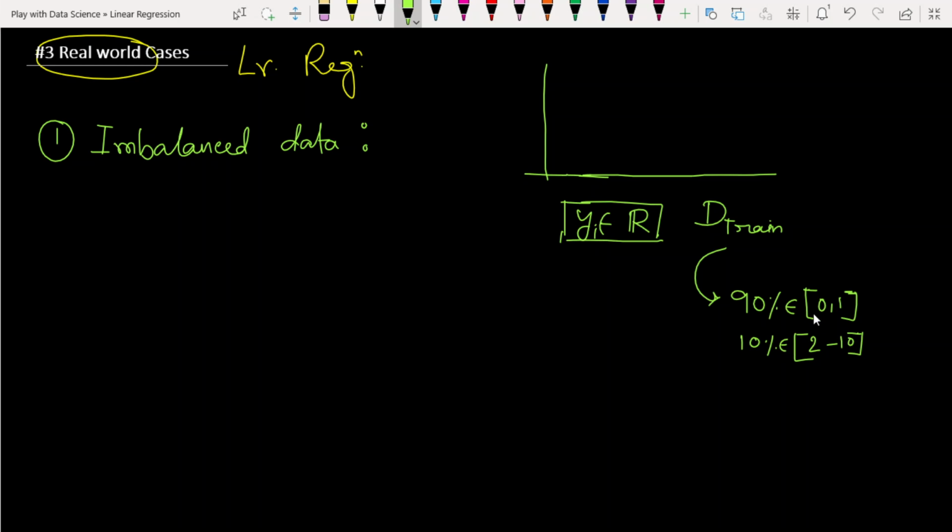So 90% of the data belongs to 0 to 1 and only 10% belongs to 2 to 10.